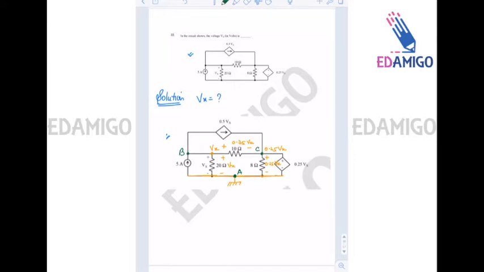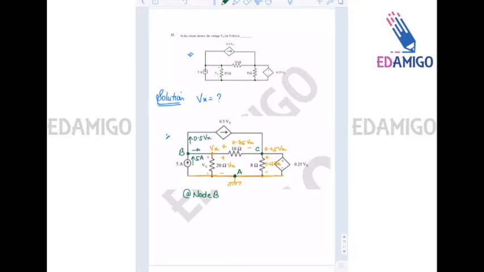Okay, so we have to find Vx. Now, at node B, the incoming current is 5 amperes. The outgoing current is 0.5 Vx.